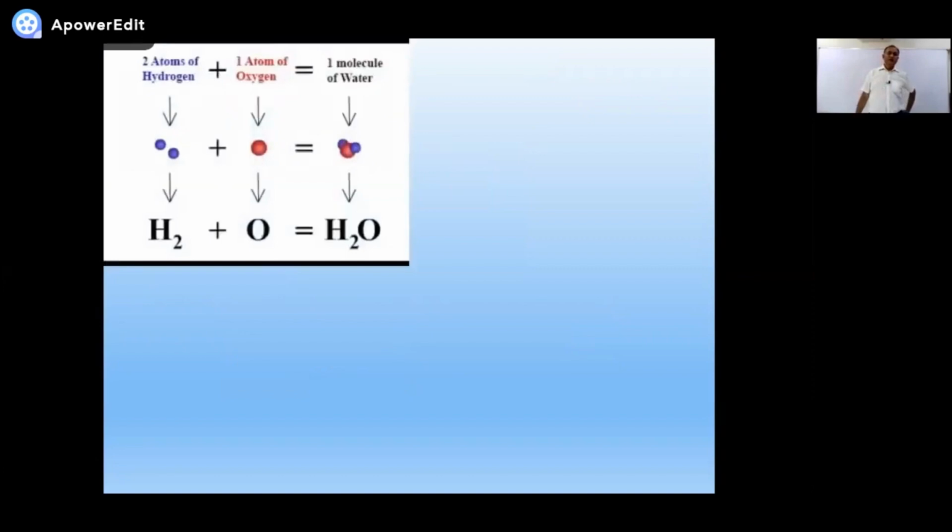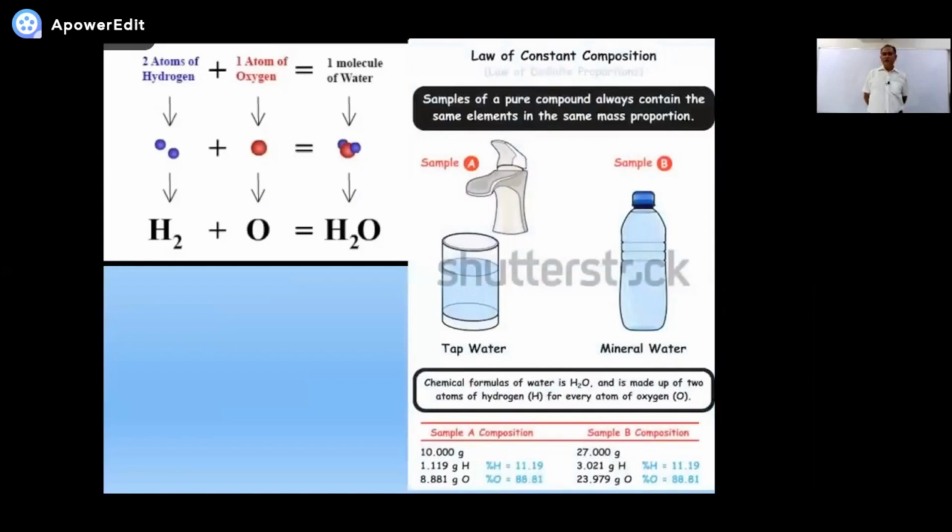You will see it further. Okay, see the example. Water is composed of 2 atoms of hydrogen and 1 atom of oxygen, forming H2O. Now we have 2 different containers, one containing tap water, as you can see on the screen, and another containing mineral water.